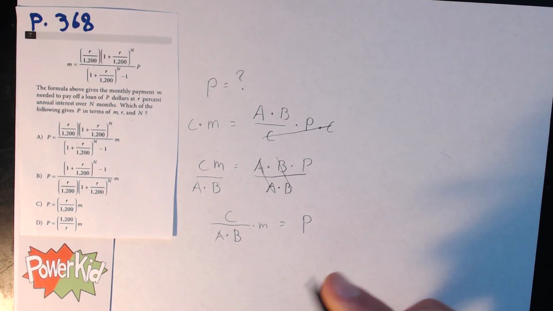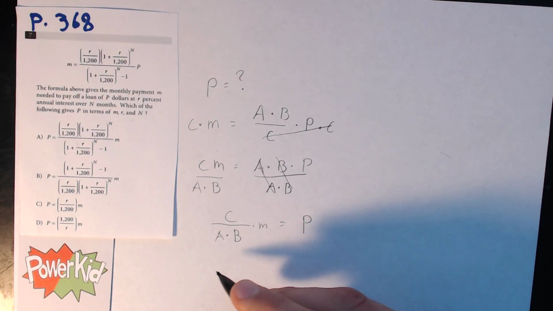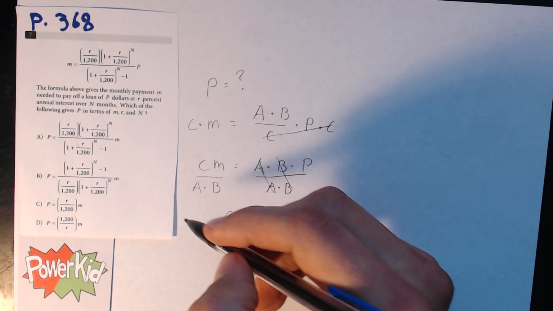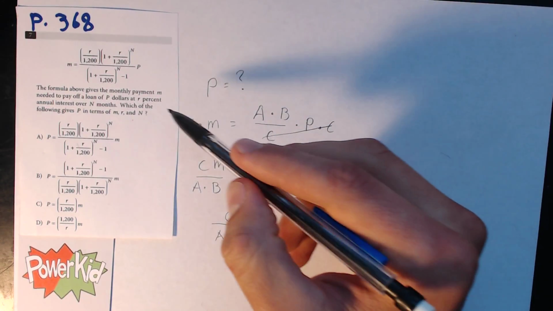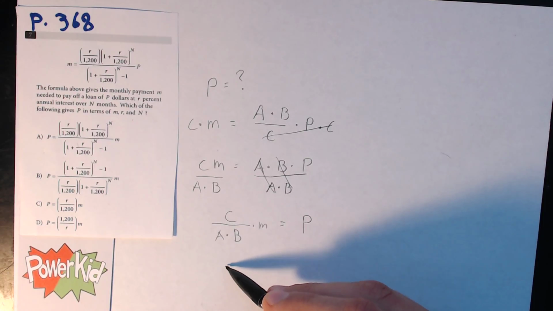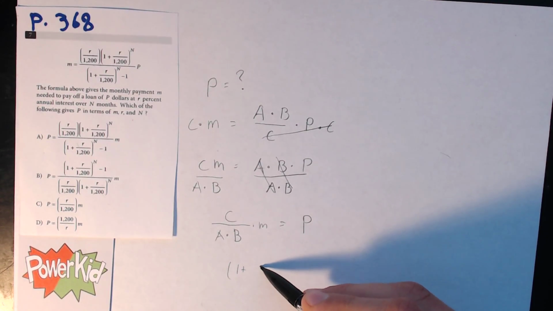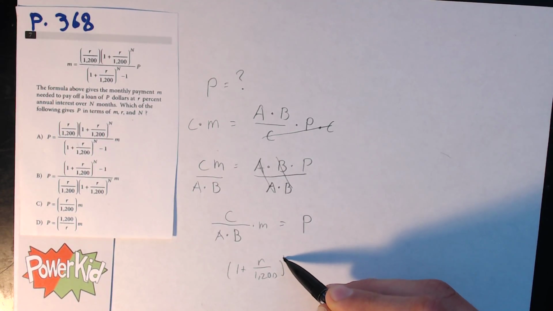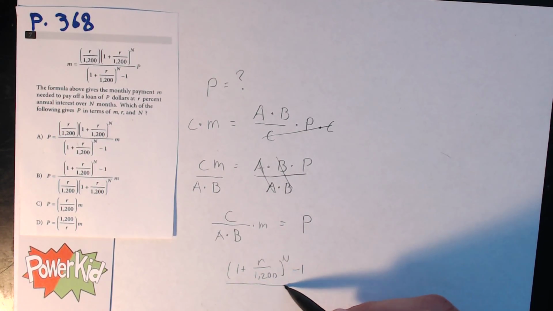And if I reconstitute this equation and re-put what the C was and what the A's and the B's were, remember that C in the beginning was on the bottom, so C was this thing that had the minus 1. So I'm going to rewrite it. I've got 1 plus R over 1200 to the N minus 1.